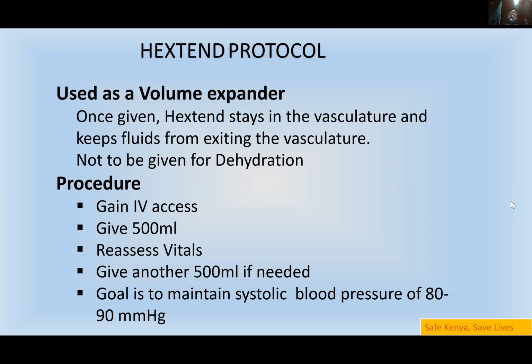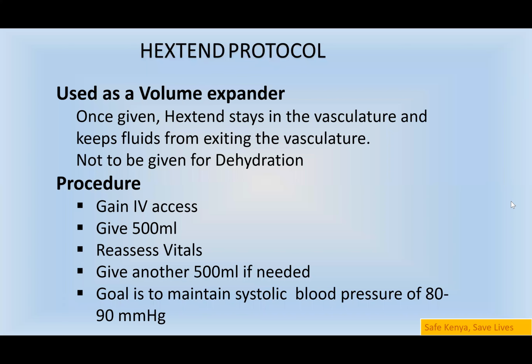If we give the Hextend 500 milliliters and we determine that the patient requires more, we would give another 500 milliliters of Hextend. It's a bolus unit. We're trying to titrate usage of it. You give 500 milliliters of Hextend, you assess vital signs. If the vital signs are stable, we disconnect Hextend.